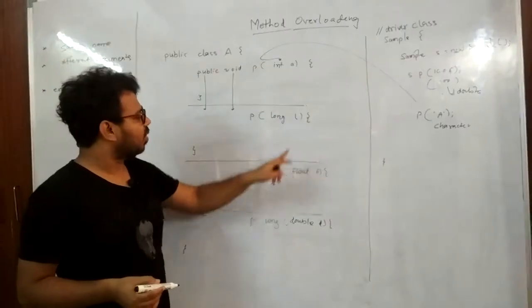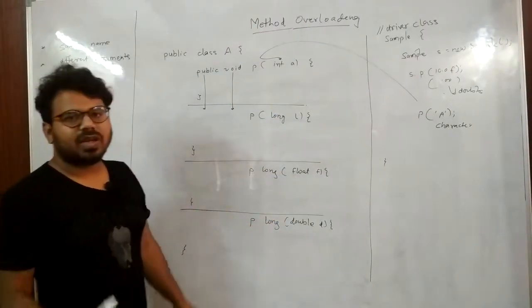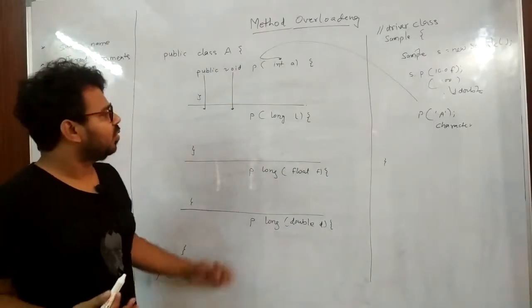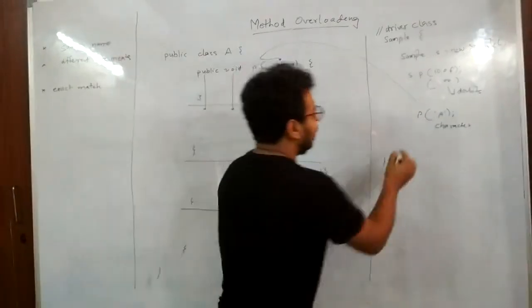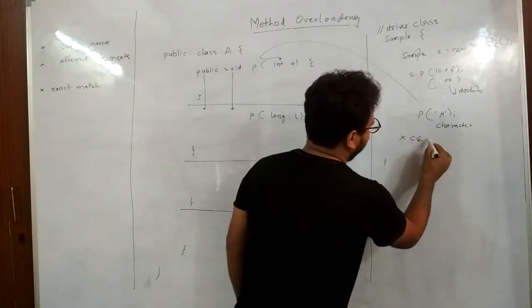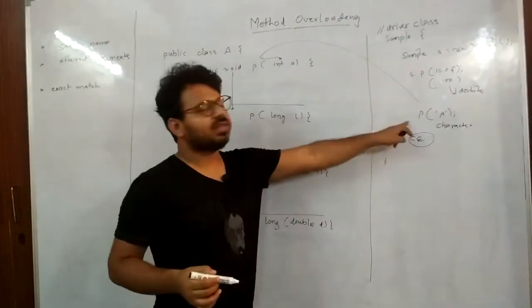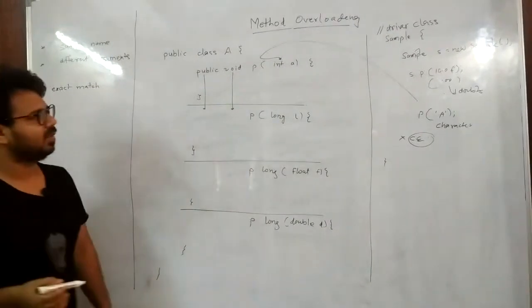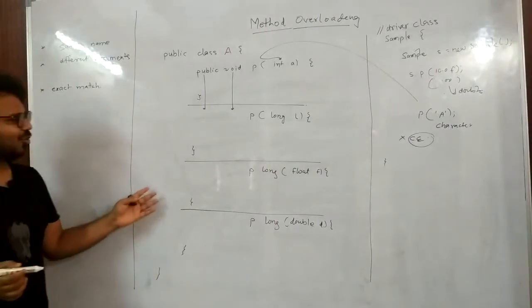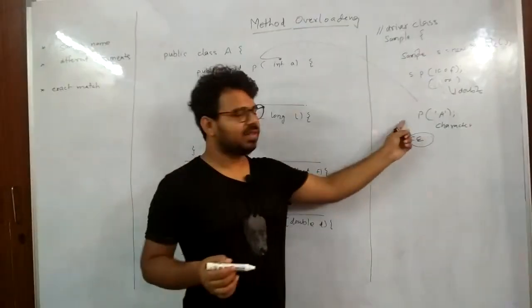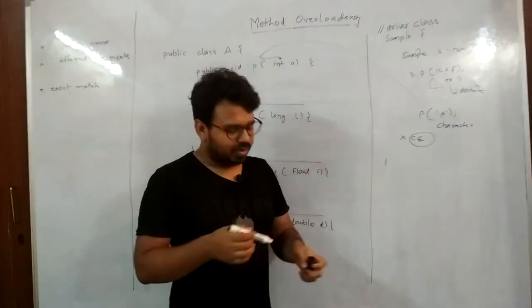Here we have integer, long, float, double, but we do not have any character. So will this give a compilation error? What do you think? Okay, we will see this example working in our code.